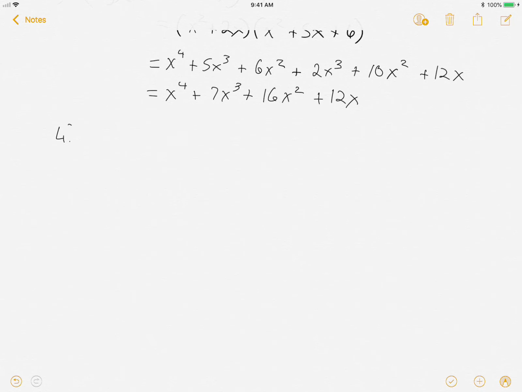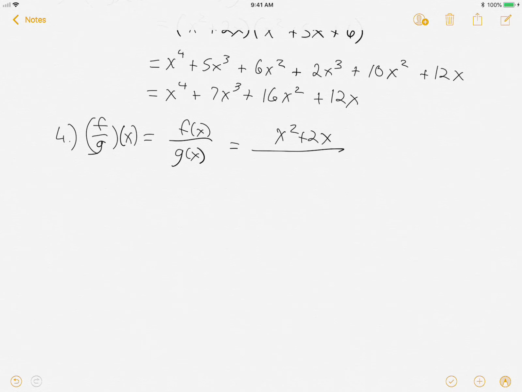And the last is f divided by g of x. That's f of x divided by g of x. That's going to be x squared plus 2x divided by x squared plus 5x plus 6. You see the top part, I can factor out an x.